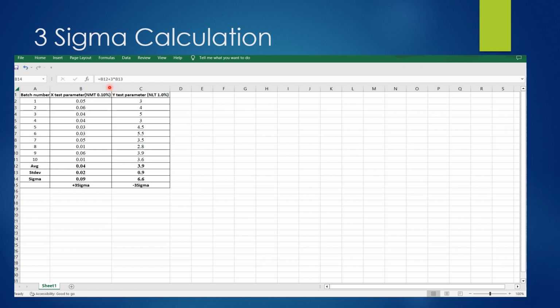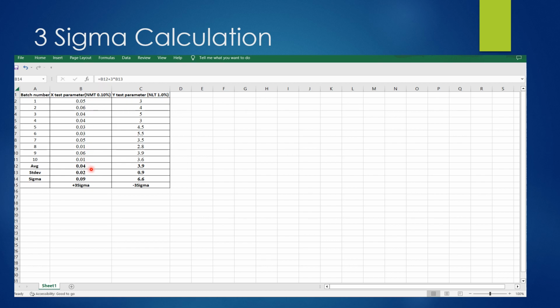So here we have to go with equal to B12, that is my average. So if we see, it is equal to B12 plus 3 into B13. So I got the result of 0.09 for the X test parameter.